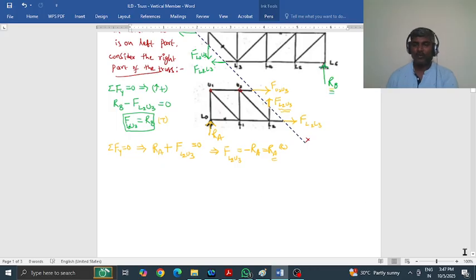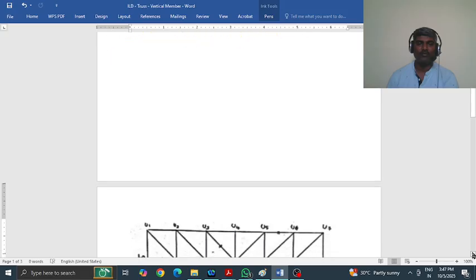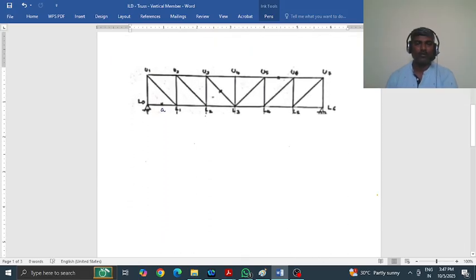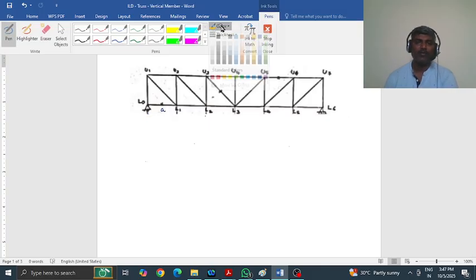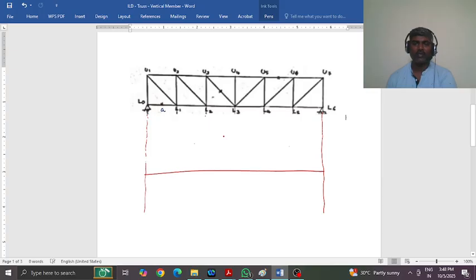Okay, so now how do you draw those values that you found just now? So I take a truss here, then we now draw the ILD because we know all the force values for all the positions of unit load. Okay, so let us try to plot the ILD now. This is the reference line that I take.